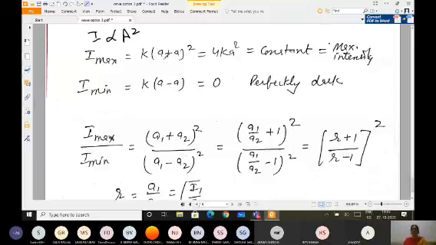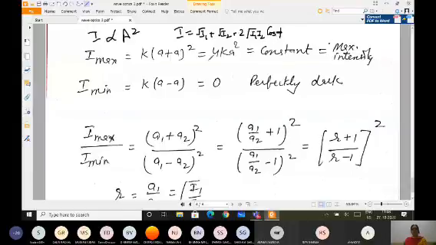And if I am taking the same amplitude to get sustained interference, then A plus A. Like we have the formula that we got, that is equal to root I1 plus root I2 whole square, plus 2 root I1 I2 cos phi. This we got as the formula for the resultant intensity. It means the amplitude I got, A squared equals A1 square plus A2 square plus 2 A1 A2 cos phi.